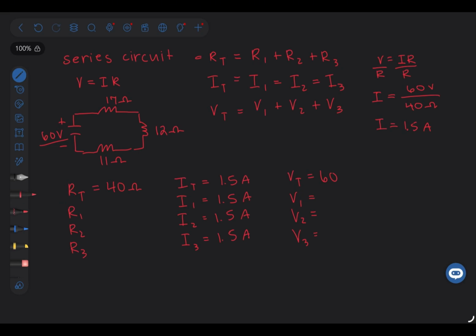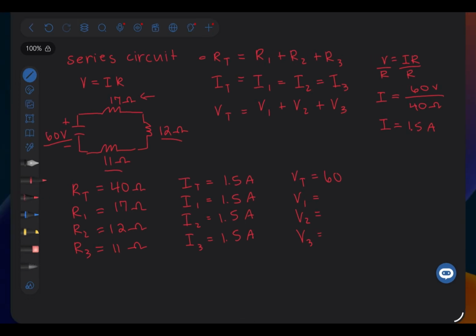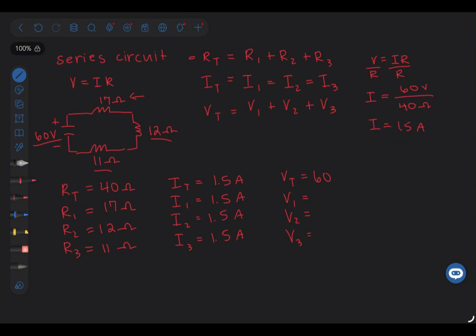And so now we want to find each part, and we already know R1, R2, and R3 from the circuit. So now it's 17, 12, and 11. Okay, and now all we need to do is find the voltage. So for that we can just multiply I times R to get the voltage for each part.